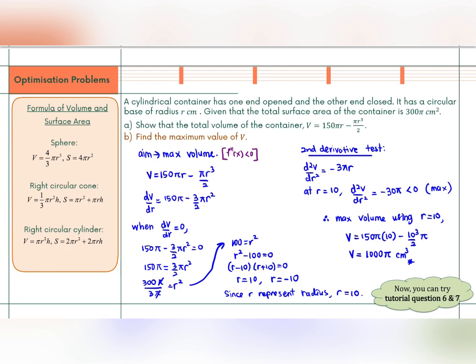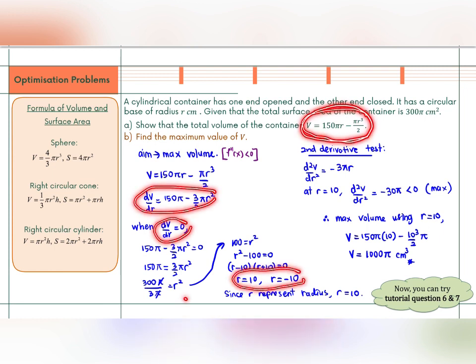So let's recap how to find the maximum volume. Using our shown equation from part A, we differentiate and set it to zero to get the value of R. Here, coincidentally, we have one positive and one negative R, so we only use R equals 10.